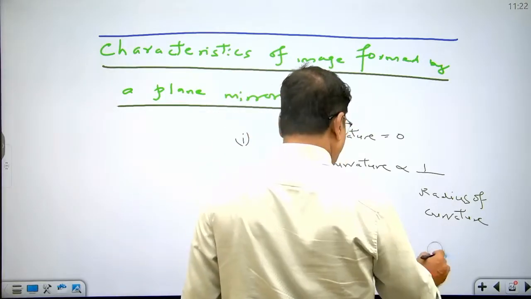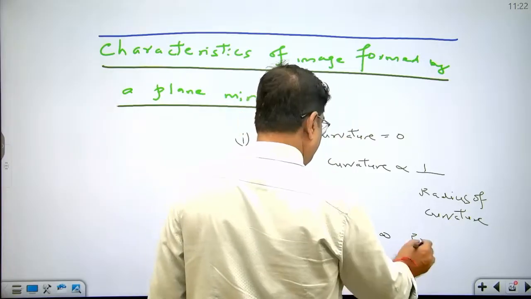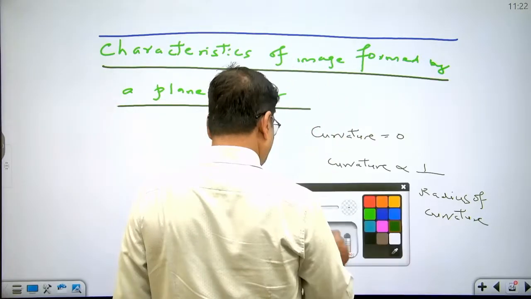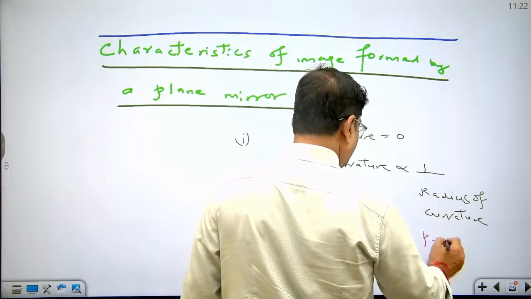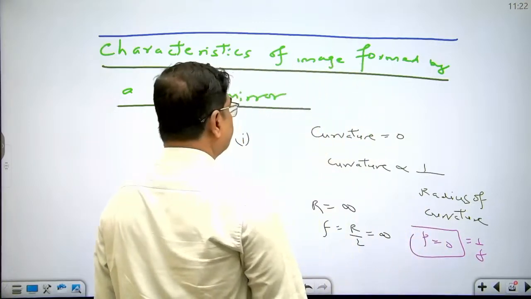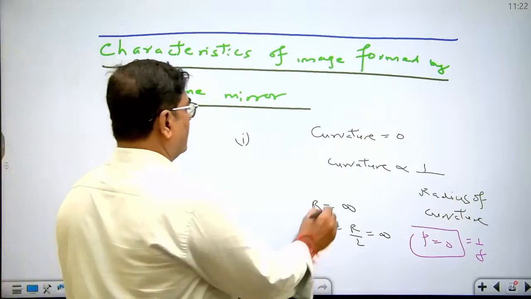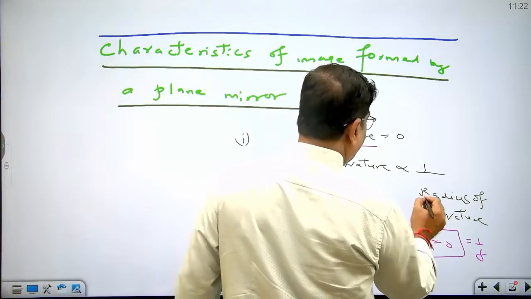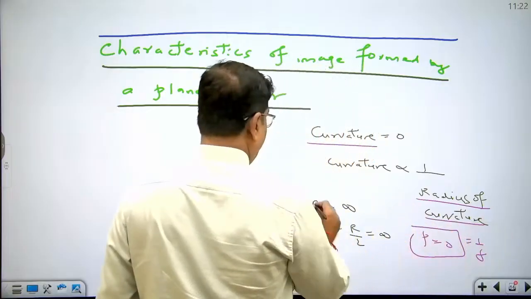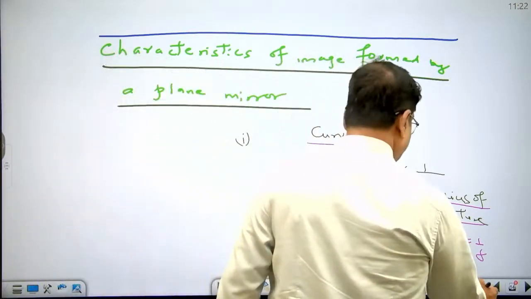So power of plane mirror is 0, because power is 1 upon f. So dear student, this is all about the curvature, radius of curvature and power. Now see the second result.